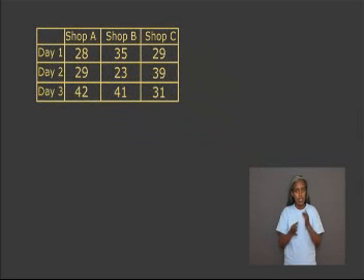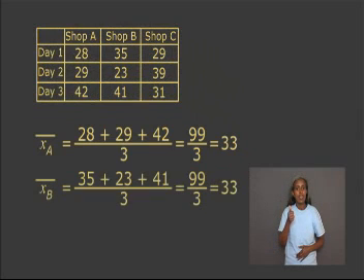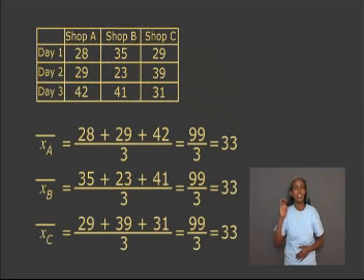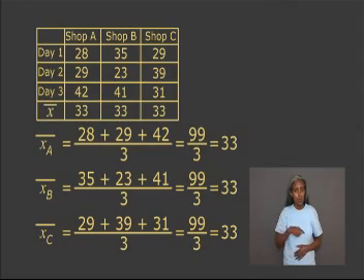If we calculate the mean for shop A, B, and C, we find that each shop has an average income of 33. We add this information to our table.